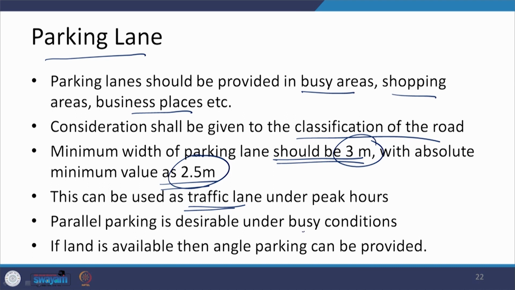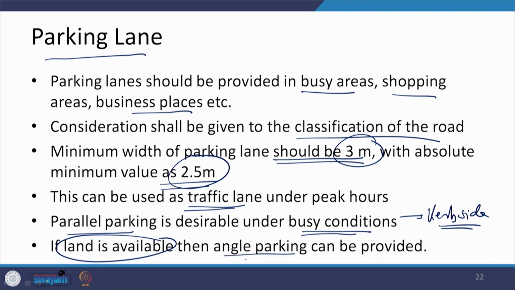Now, when you are talking about busy conditions and a lot of traffic moving, it is always better that the vehicles are parked parallel to the curb side. When we say parked parallel, we are talking with respect to the curb side or the footpath, parallel to the footpath. If and only if the land is available, then we go for angle parking.